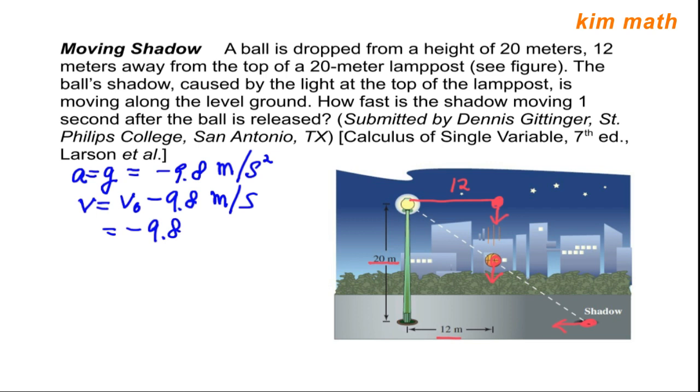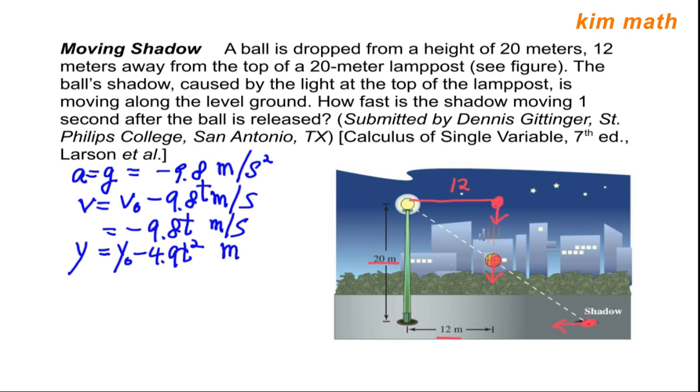I forgot t is here, time. The unit is meters per second. And the position, I will use y. Position of the particle will be initial position minus 4.9 t squared. The unit will be just meters.